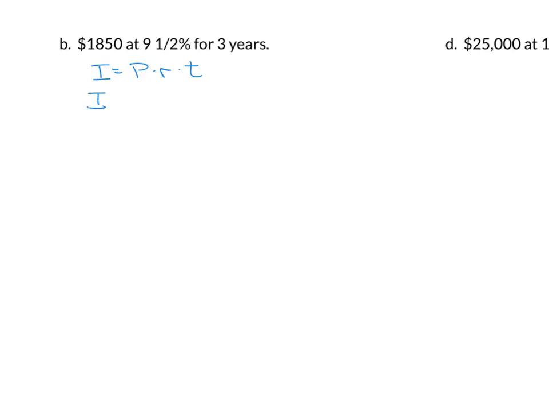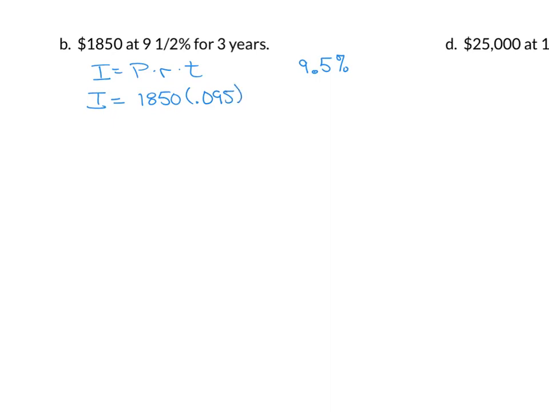So if we go ahead and plug in, we get P is 1850. My 9.5, I'm going to write it as 9.5%. And if I move my decimal point 2 places to the left, I get 0.095.